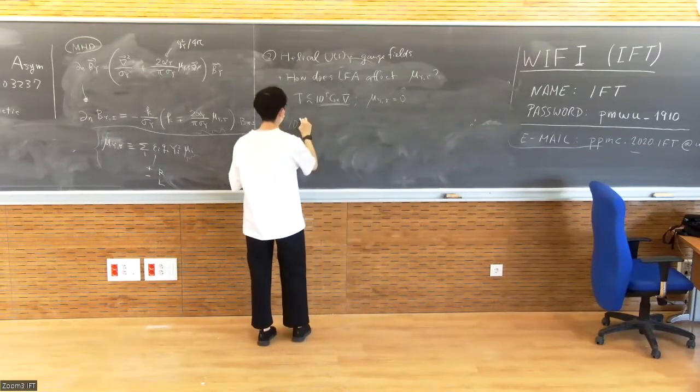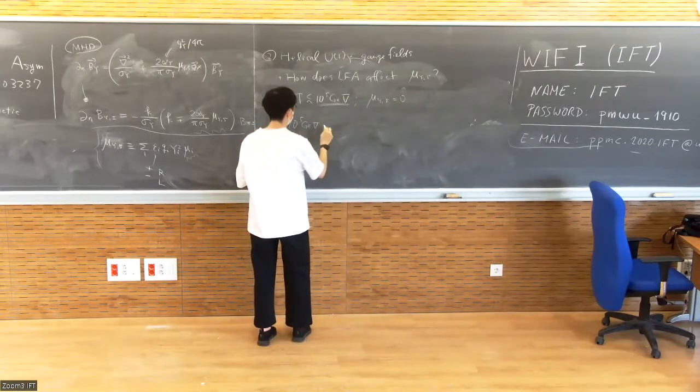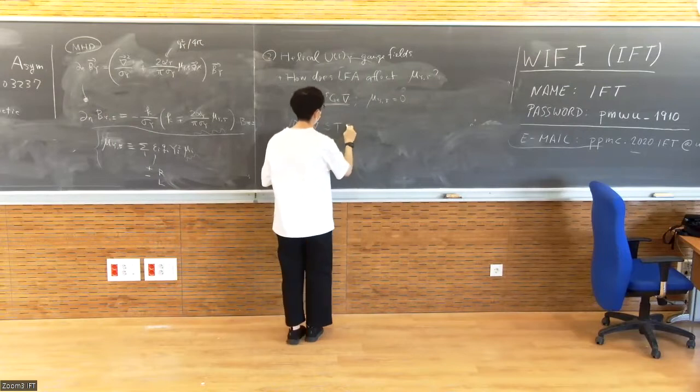But above this temperature, the right-handed electron is not in equilibrium.